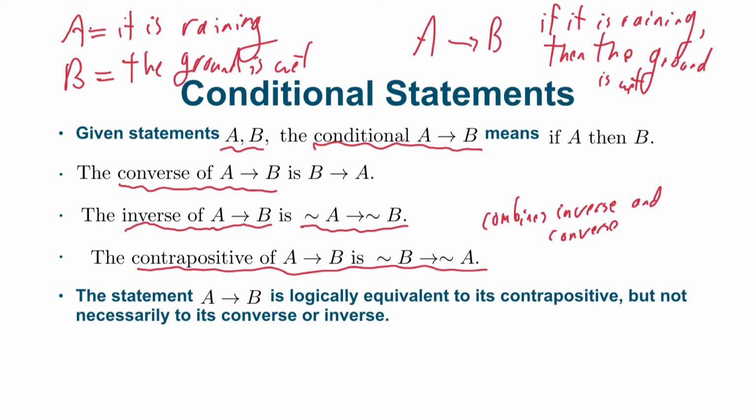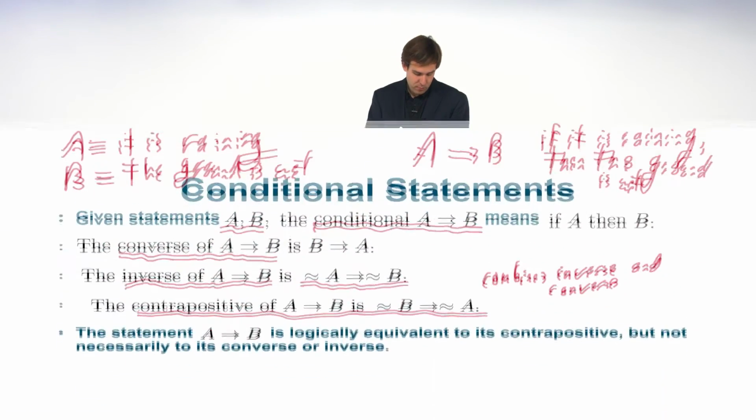The contrapositive of A implies B is not B implies not A. So if our original statement was, "if it is raining, then the ground is wet," the contrapositive would be, "if the ground is not wet, then it is not raining." These can be shown to be equivalent, that A implies B is equivalent to not B implies not A. And this is a foundational observation and is the basis behind proof by contradiction.